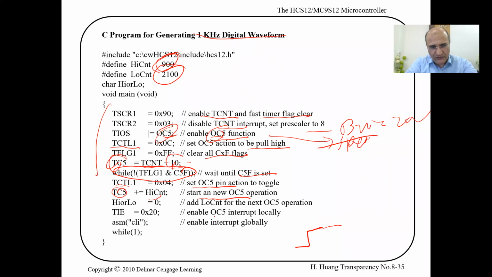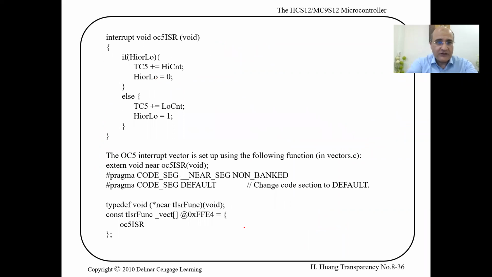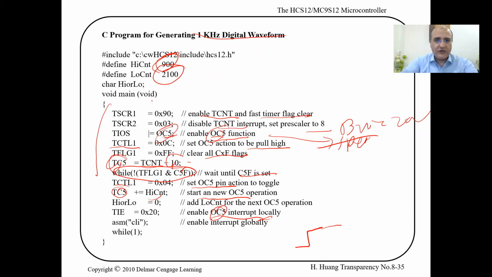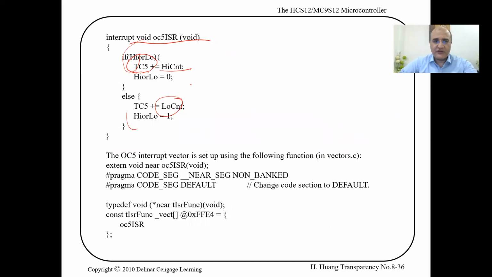By the way, I review this code in the slides sometimes, and we find some problems in it. Anyways, enable OC5 interrupt locally. Why? He said without interrupts. Huh? Oh, he has an interrupt here. And if you're in the high, your timer value is the high count, and next time you go here in the else, your timer value is the low count, and the high count is always 900 and the low count is 2100.